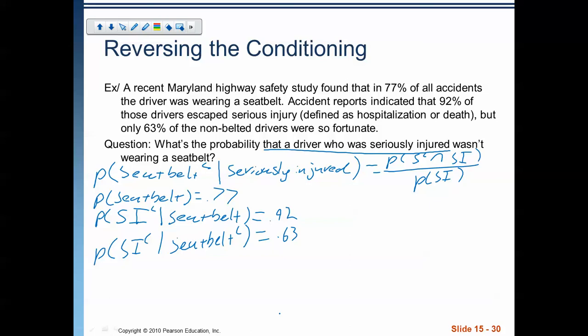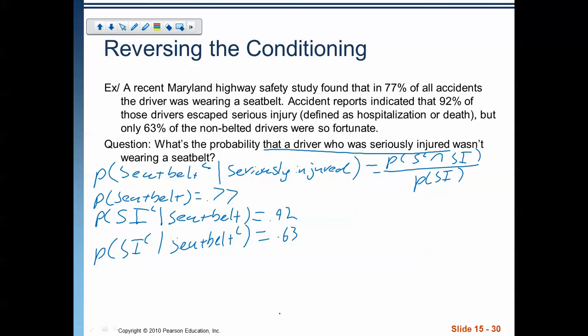Like, is that one of these ones over here? No. Do I have the probability of being seriously injured? No. So our given information, we did not get anything that we can directly plug into this problem. What we need to do is construct a tree diagram to find these things.